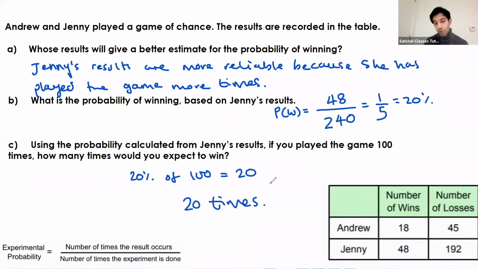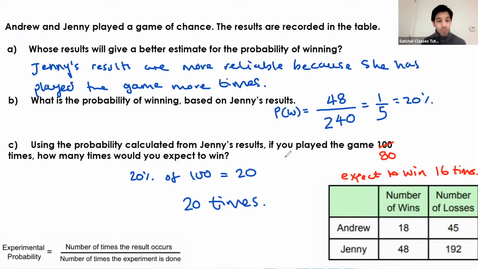Now, if the question was, I don't know, if you played the game 80 times, the same principle will apply. So I'm just going to use a different color pen. Let's say if we were to change 100 to 80, we would still win 20% of the times. Now 20% of 80 is going to be 16. So if we played the game 80 times, we would expect to win 16 times, because 16 is 20% of 80. And remember, we got 20% by calculating the probability. The probability of winning is 20%.